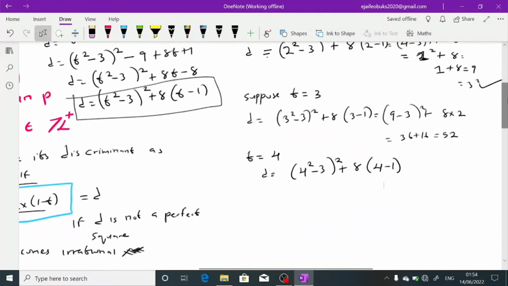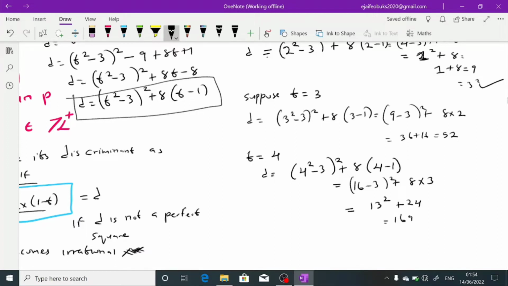This is equal to (16 minus 3) all squared plus 8 times 3. This is 13 squared plus 24, which is 169 plus 24, 193. Okay, so I think this should be enough to show what I want to illustrate.